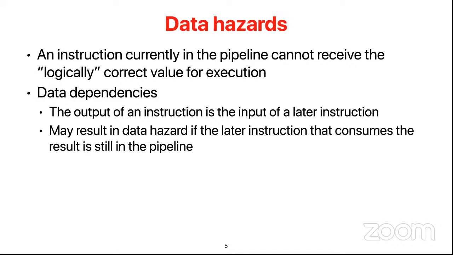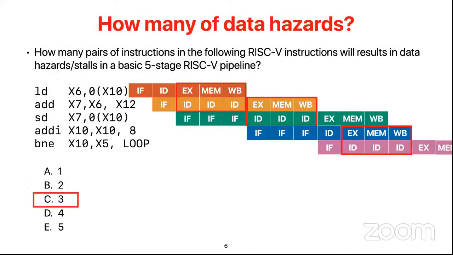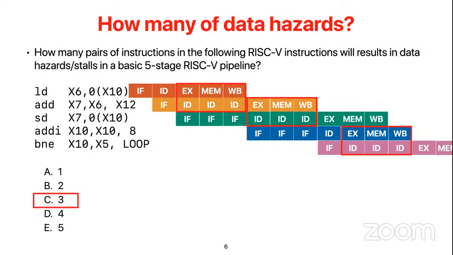The reason we have data hazards is that there are data dependencies that cannot be resolved in a pipeline. If the only way to deal with data hazards is through stalls, then every data dependency would become a hazard. So today we are going to talk about better ways to address data hazards.